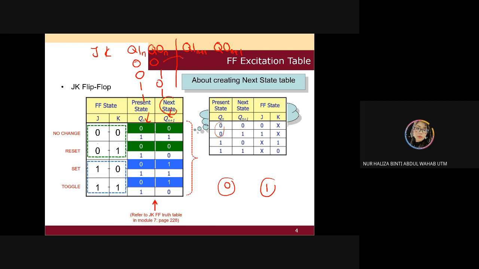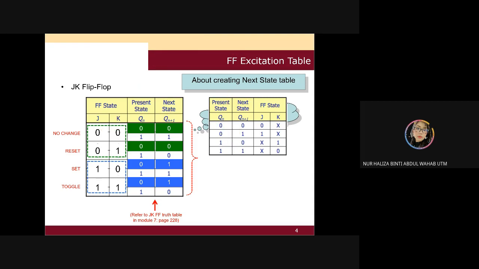So what is the next state after that? From here, you can see you just have 0 to 0, 0 to 1, 1 to 0, 1 to 1. This is your present, this is your next state. But now, this is your present state, this is your next state.